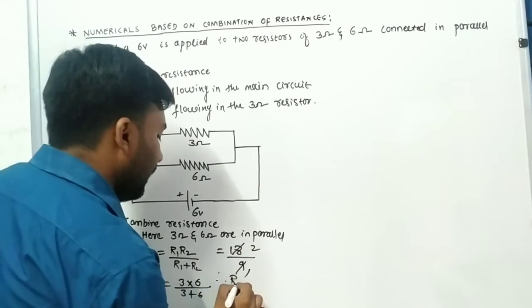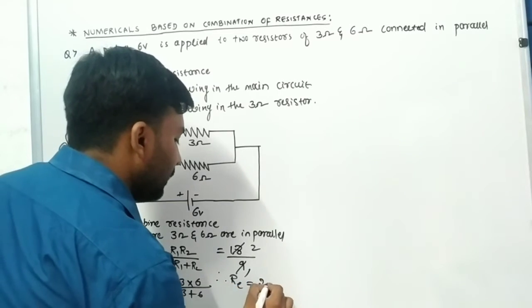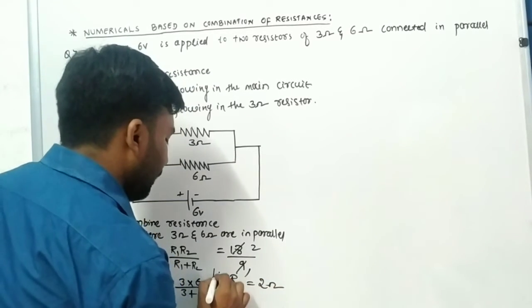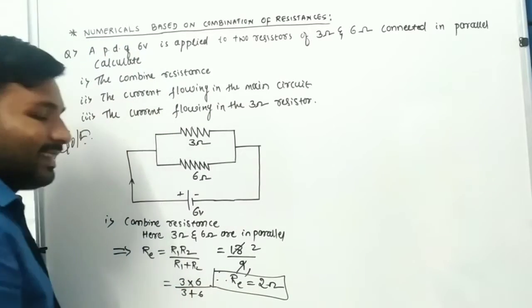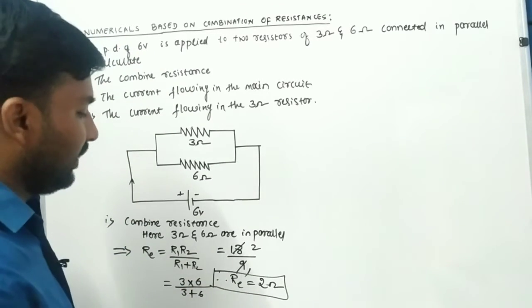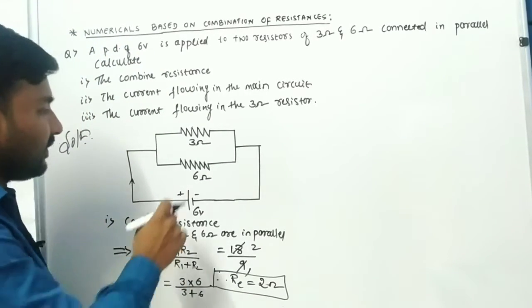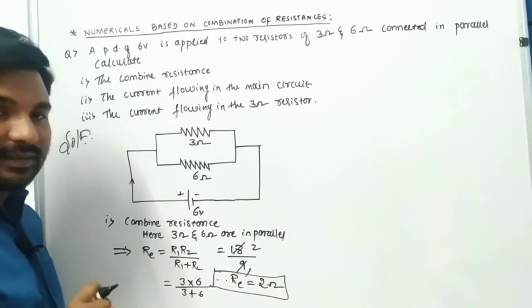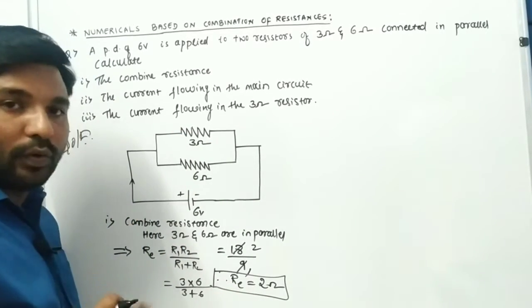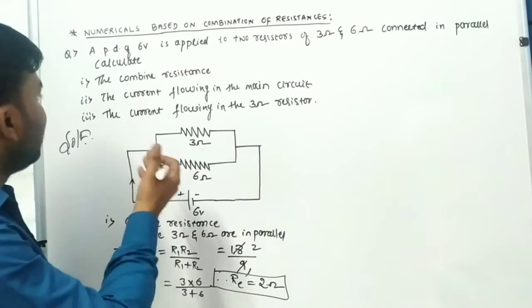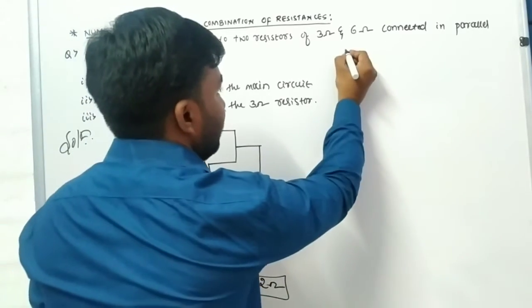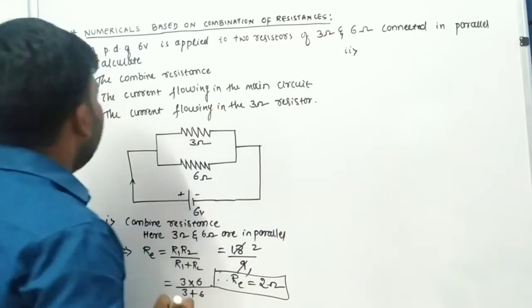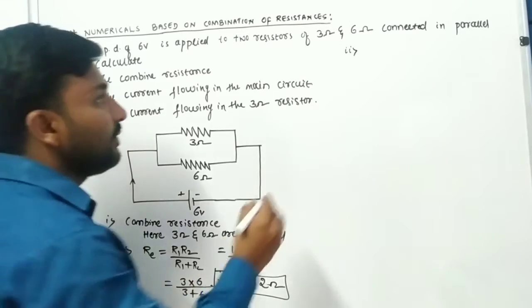Therefore R equivalent is equal to 2 ohm. So here the equivalent resistance for these two resistors is 2 ohm. Now second question, the current flowing in the circuit.